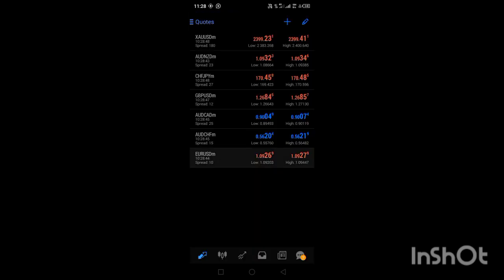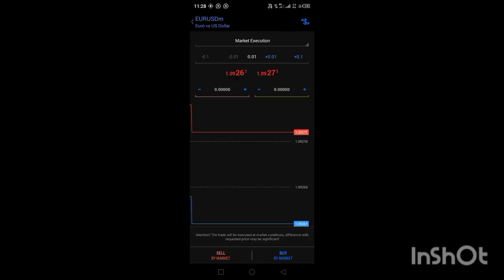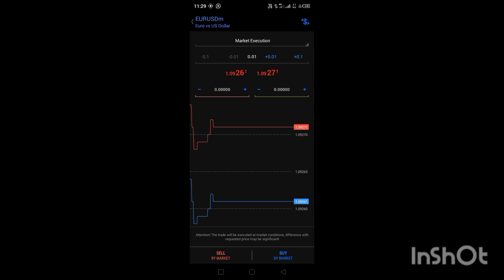So the main part that we need is this new order, where we see market execution, buy limit, sell limit, buy stop, sell stop. If your market is going down, you sell. If it's going up, you buy. So we have this 0.01, which is what we call lot size.